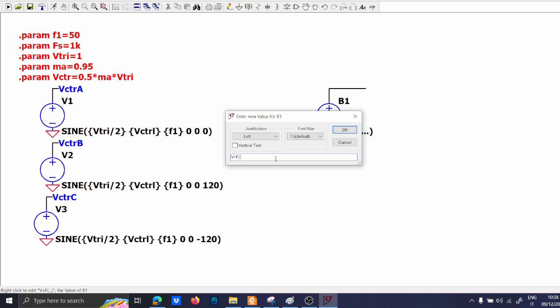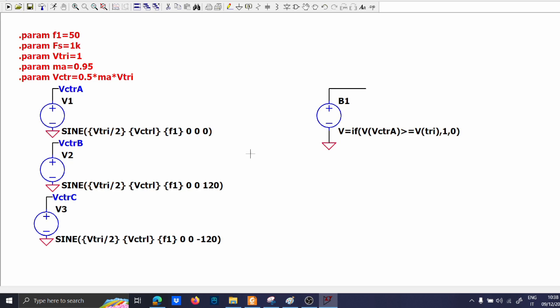So if V of VCTR of A is greater or equal than the triangular waveform V3, go to 1, like this.